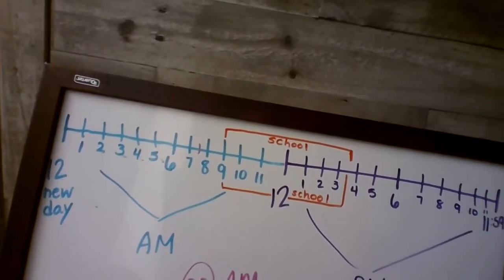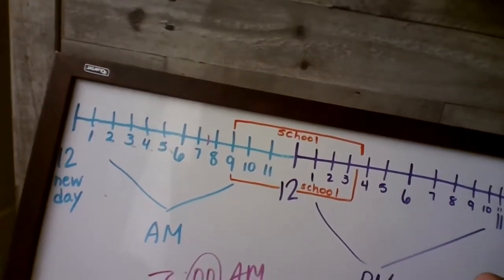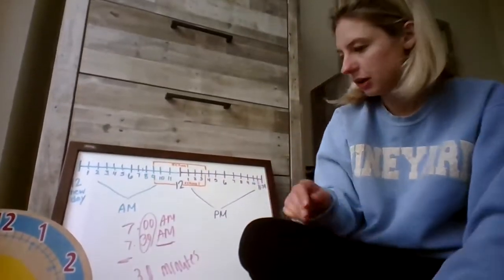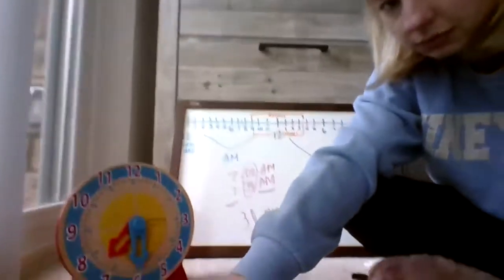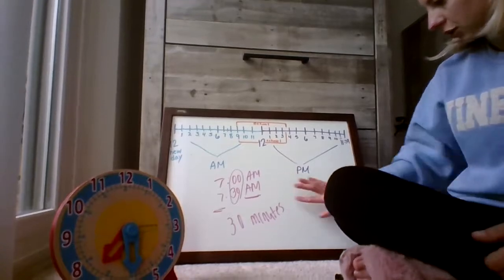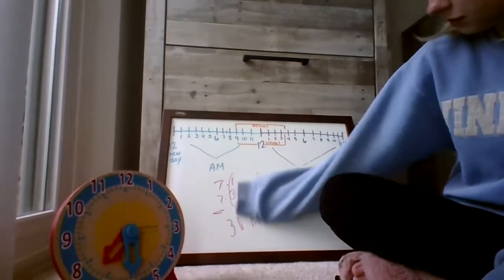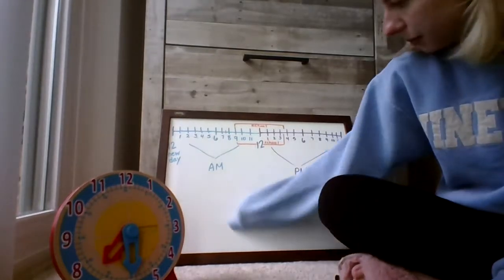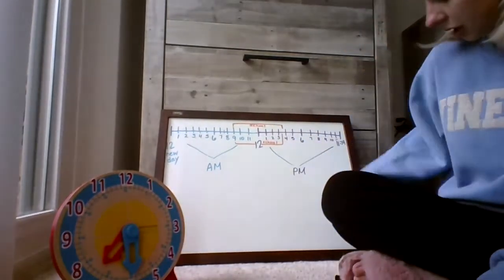So 30 minutes is like our halfway point until the next hour. Okay? So our answer is 30 minutes. Let's go to our next one. Okay? Good. Let's erase this. I hope you guys are enjoying word problems. Sometimes time can be a little tricky.